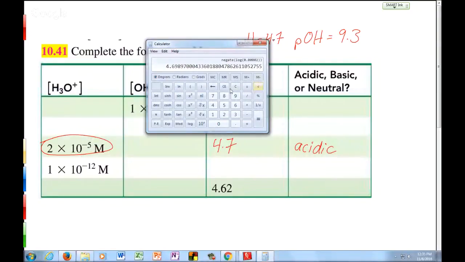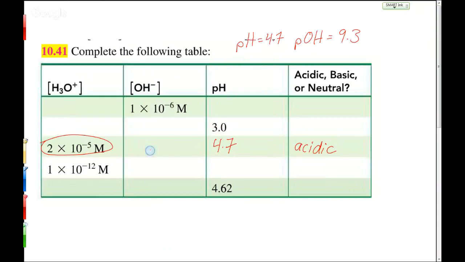So for this type of a calculator, you'd go negative 9.3 and then click the 10 to the button. And so it tells you it's 5.0 times 10 to the minus 10. Something like that.